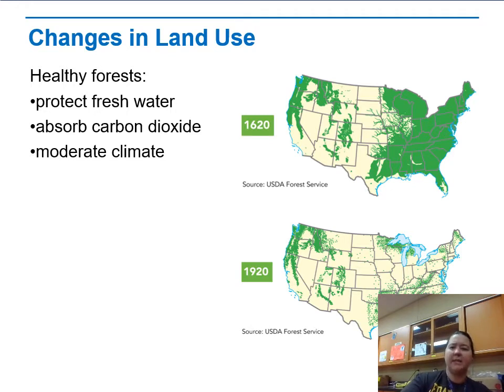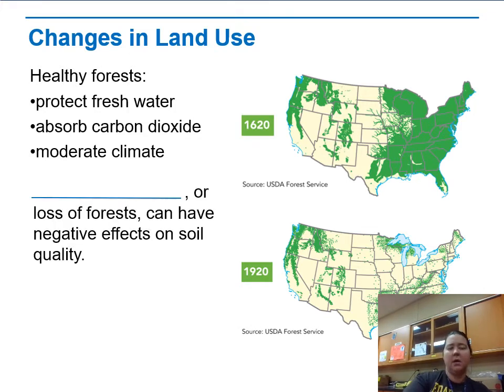And so forests are actually really important to maintaining the four spheres. Okay, forests, trees are really important at maintaining those four spheres. And as our land use has changed, those four spheres are getting impacted at many different levels.